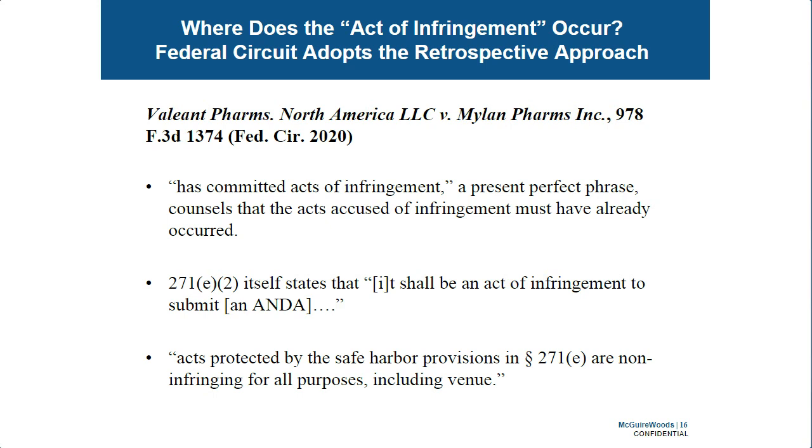And if you look at the statute itself, it says it shall be an act of infringement to submit an ANDA. It doesn't say it shall be an act of infringement to distribute an ANDA product in the future. The statute itself defines act of infringement to be submission of an ANDA.